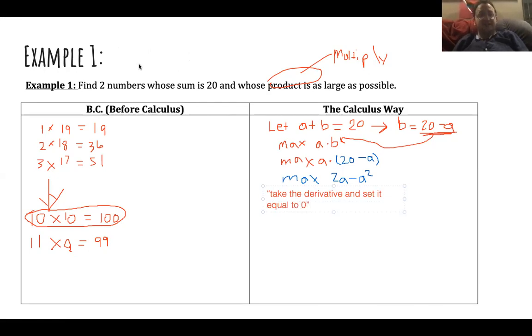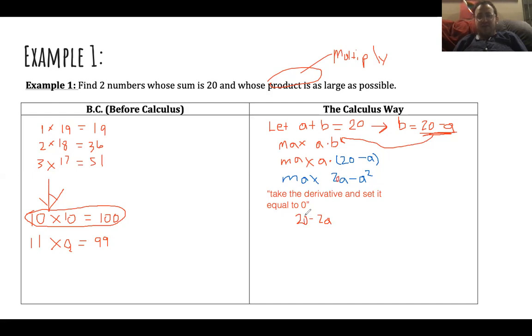So if we do that, we're going to say that, hold on, this is 20A.